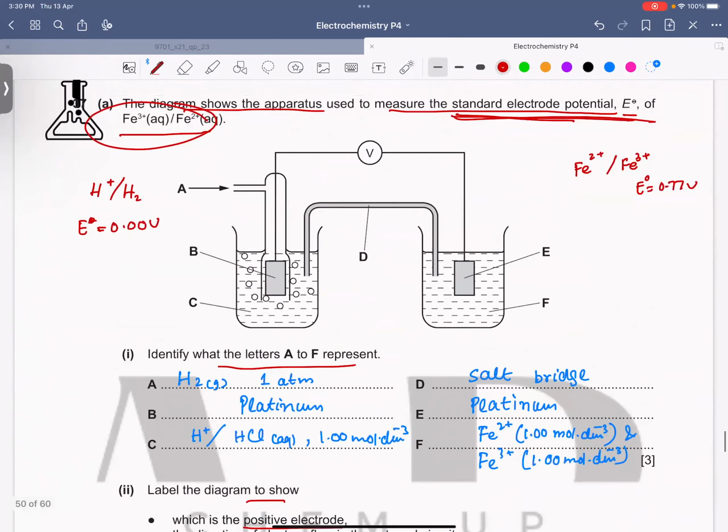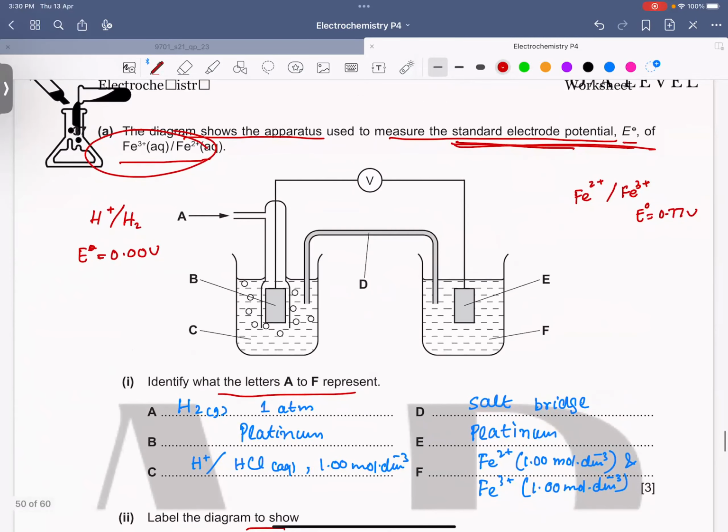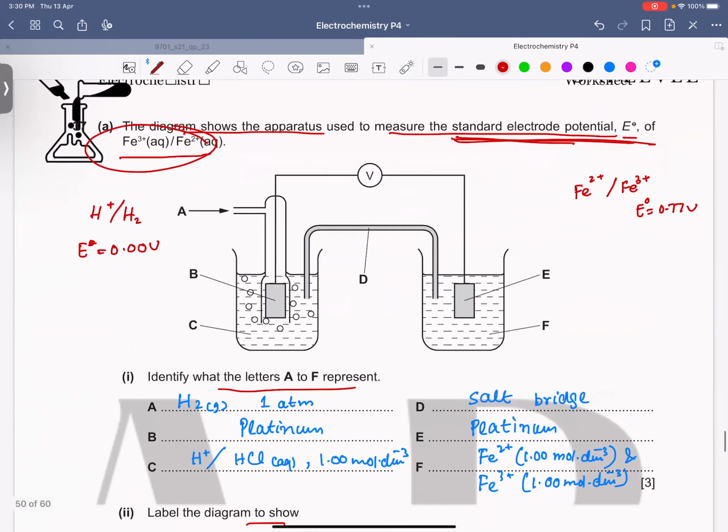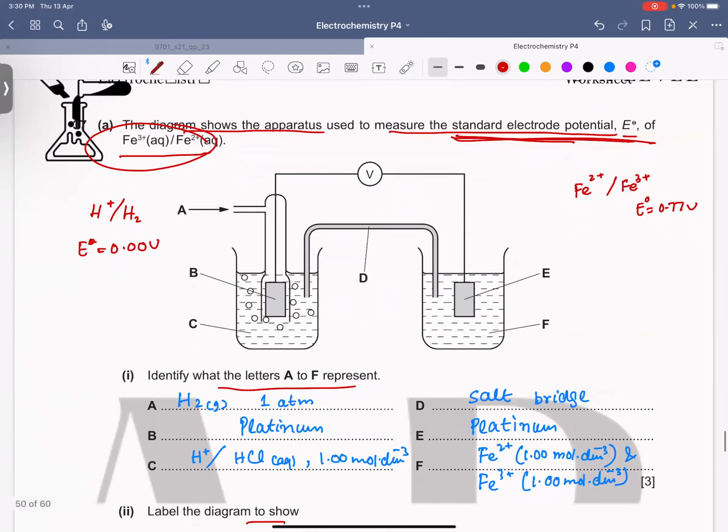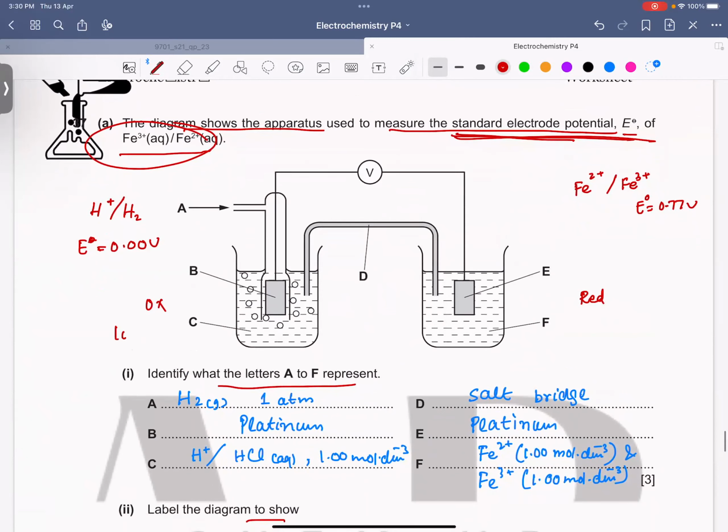So which one has a greater value? It means here reduction would occur and here oxidation would occur. And in oxidation, what happens? Loss of electrons. So those electrons start traveling from here, which makes this one the negative terminal.